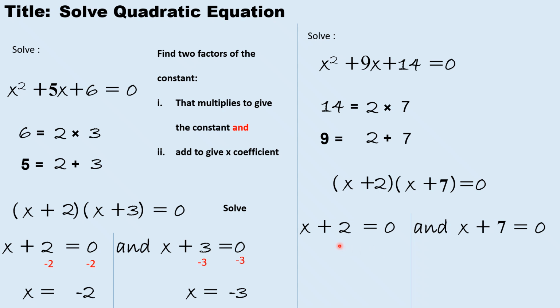Now let's solve by undoing the last operation that was done to x. Here we have x add 2, and the reverse of add 2 is take away 2. If you take away 2 on the left-hand side of the equation, you have to take away 2 on the right-hand side of the equation as well. Therefore, x is equal to minus 2.